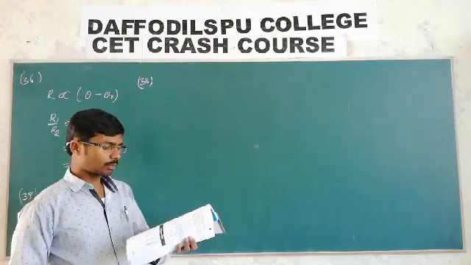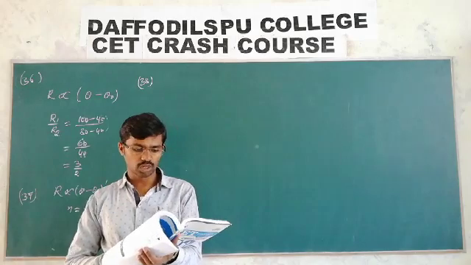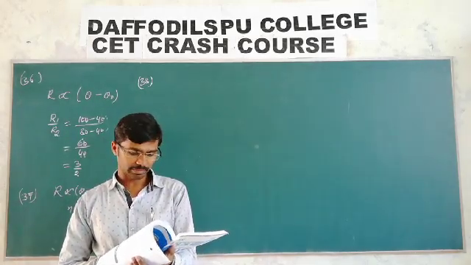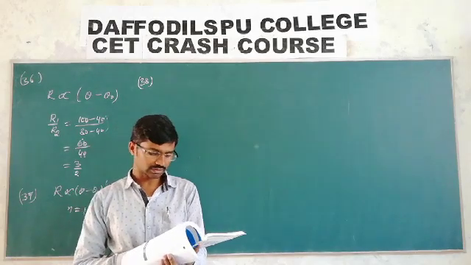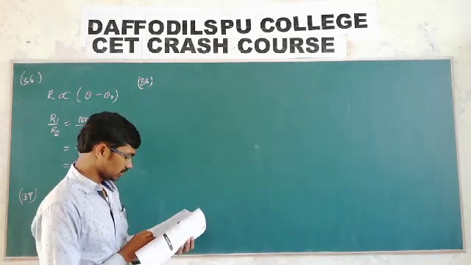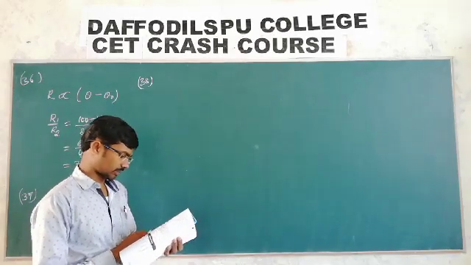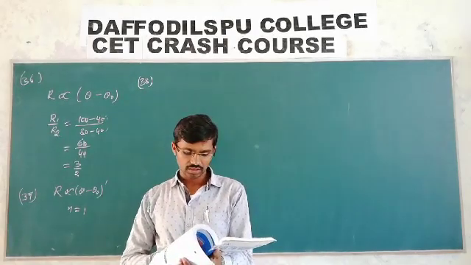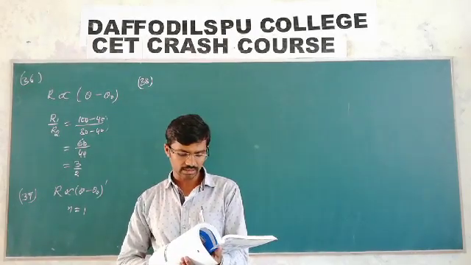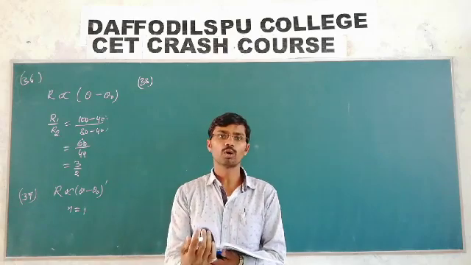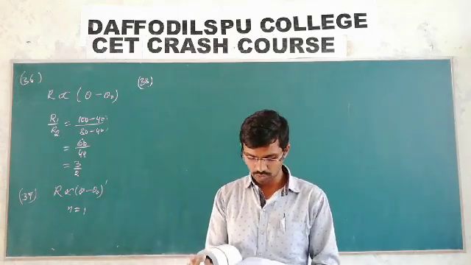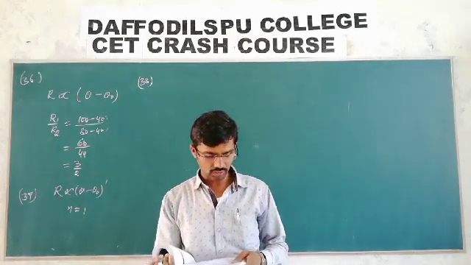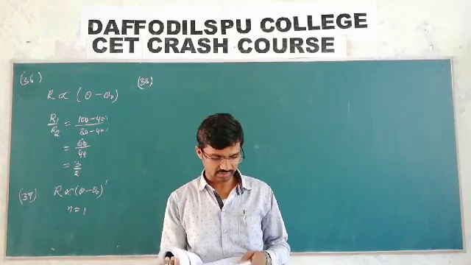Let us see 38th one. A hot body placed in the air is cooled down according to Newton's law of cooling. The rate of decrease of temperature is k times the temperature difference from the surrounding. Starting from t equal to 0, find the time at which the temperature difference between body and surrounding is equal to half of the initial temperature difference. So we need to find half of the initial temperature difference.